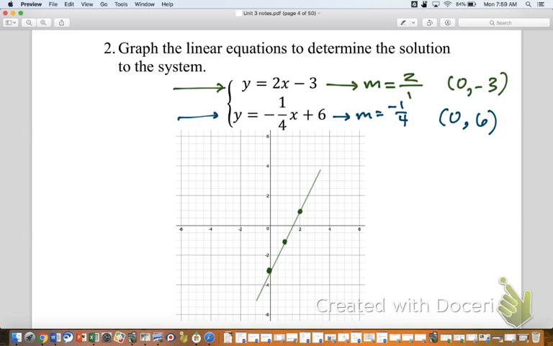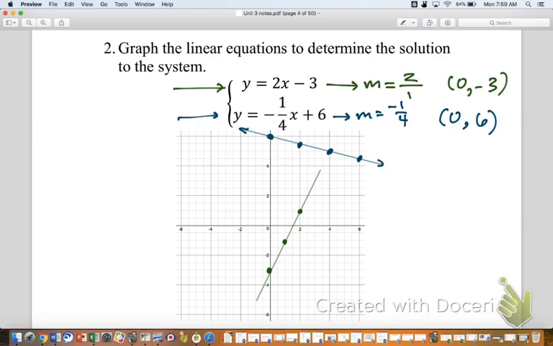So 6 is way up there, and my slope is down 1, right 4. So I'm going to go down 1, right 4, down 1, right 4, so on and so forth. I get this lovely blue line that does roughly that. We get some arrows on the end.